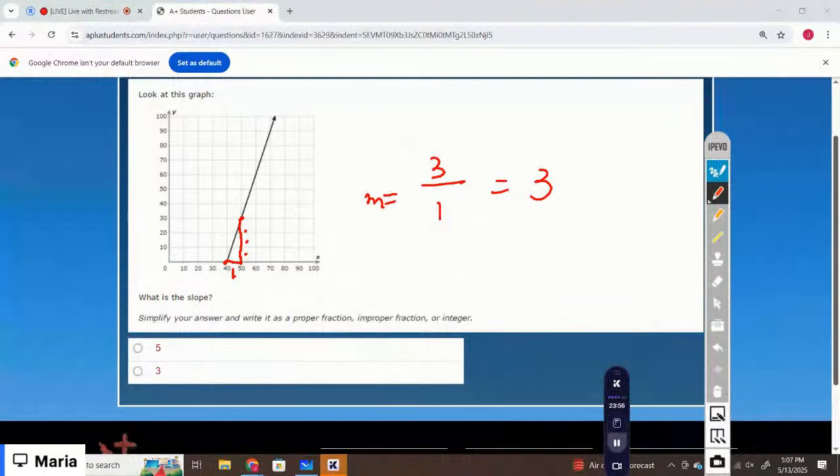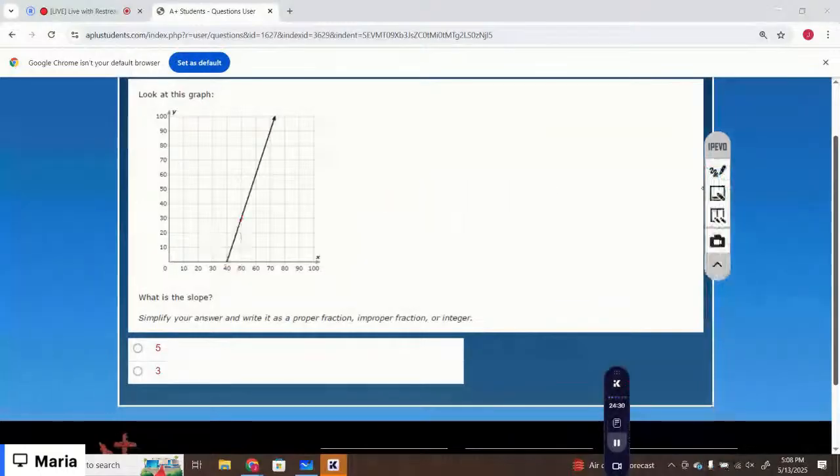So that is 3. Option number 2 is the correct option.